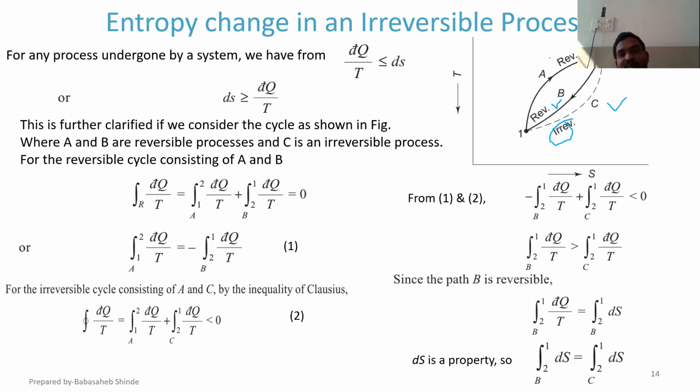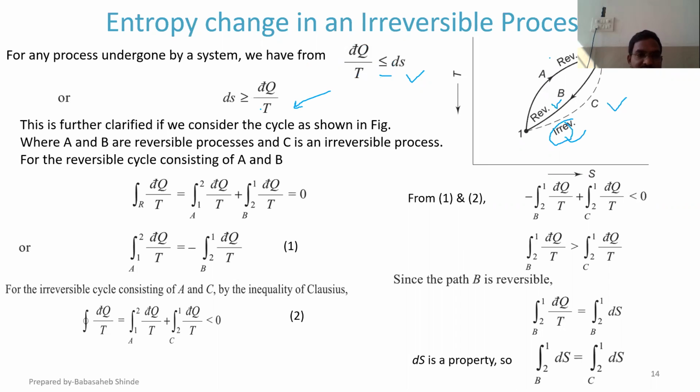The second one is an irreversible cycle, because there is one path, 2 to 1, that is irreversible in nature. So we have proved that for any process dq by t is less than or equal to ds, or rearranging that, ds will be greater than or equal to dq by t.